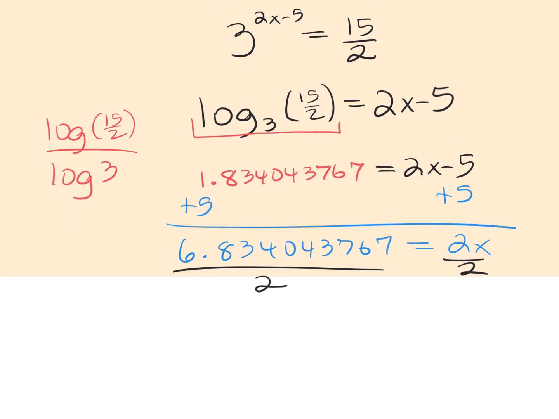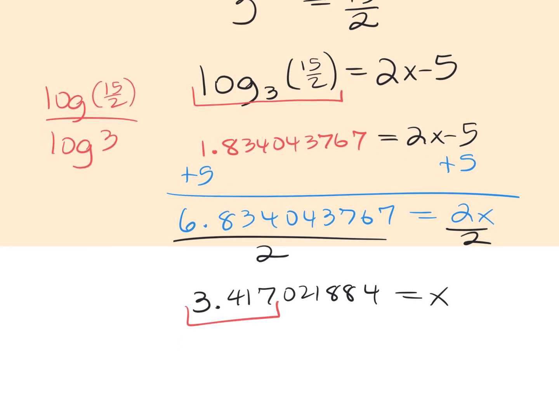And then now is when we round, after we divide it by 2. So after you divide, you get 3.417021884. Rounded to 3 decimal places is just going to be x is equal to 3.417.